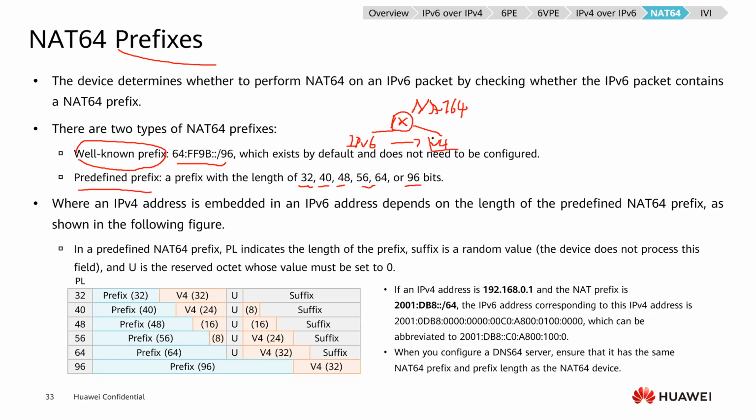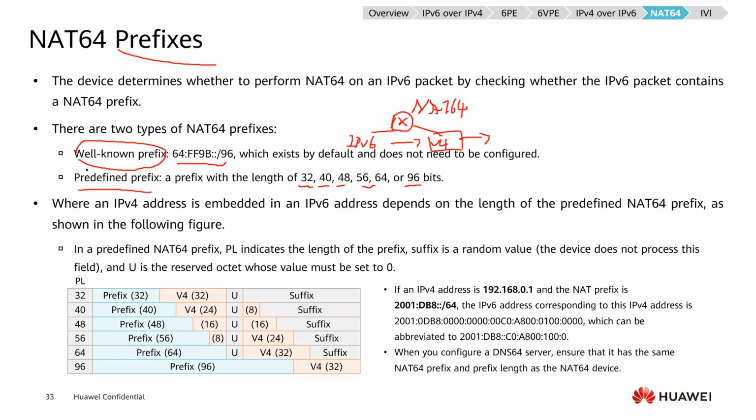So it will become a v4 packet and be sent to the destination v4 user. So this is how the NAT64 gateway recognizes the prefix when it translates the IP address.